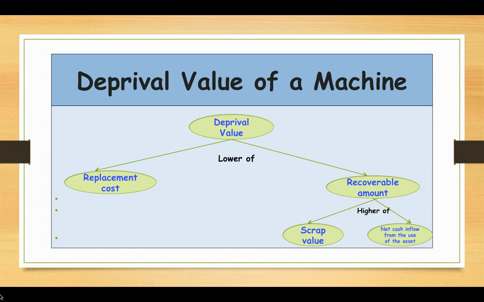So by comparing the scrap value and the net cash inflow from the use of the asset, we are going to see which figure is going to give the highest value to the company. So you've got to compare the scrap value with the net cash inflow from the use of the asset, and you got to pick the highest value because that value is the recoverable amount.